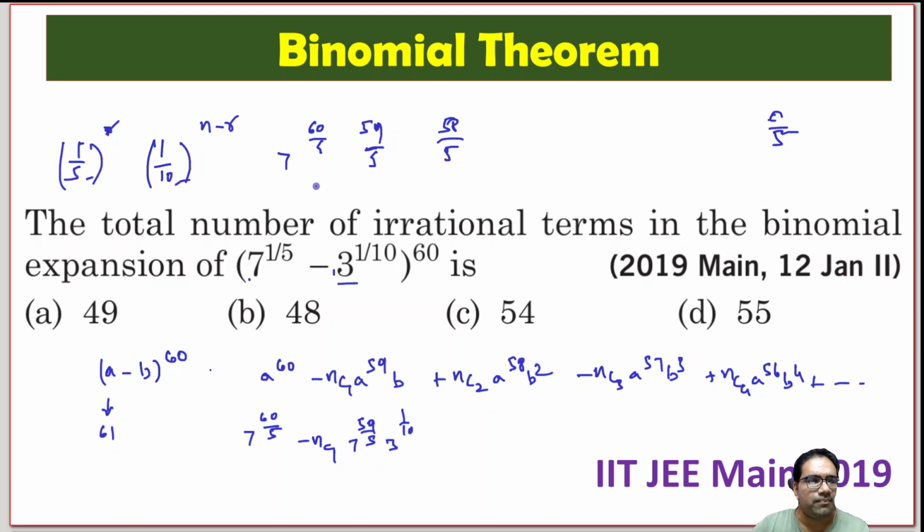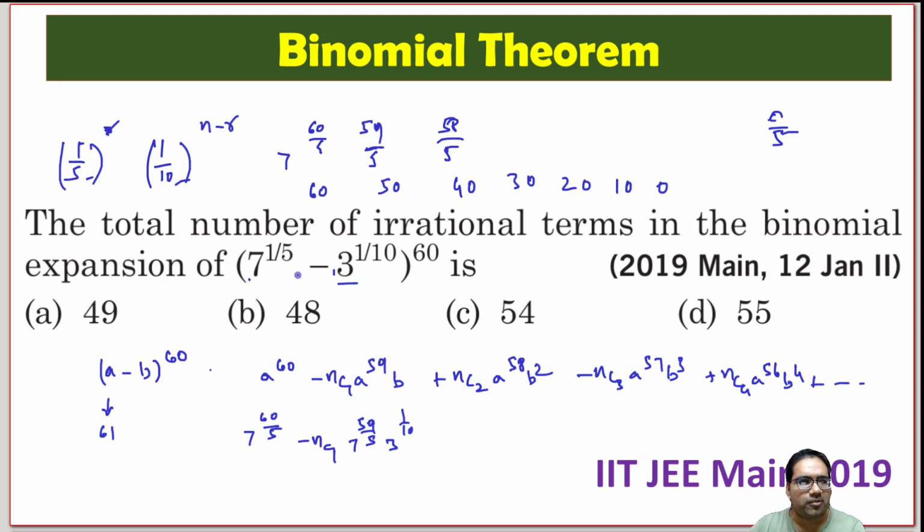So when will this happen? In the case of multiples of 10. For example, 7^(1/5) to the power 60, that is 60/5, and the remaining one, 0/10. So both will be integers. In the case of 60, 50, 40, 30, 20, 10, 0, these are all integer powers, so both will become rational numbers.